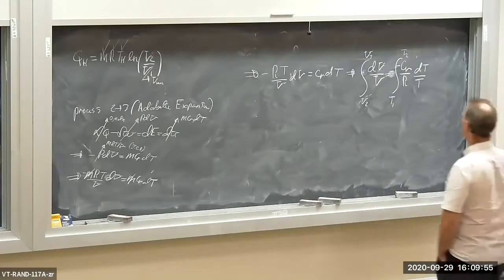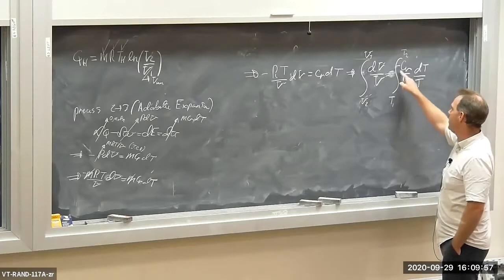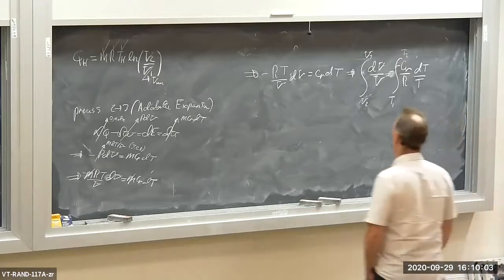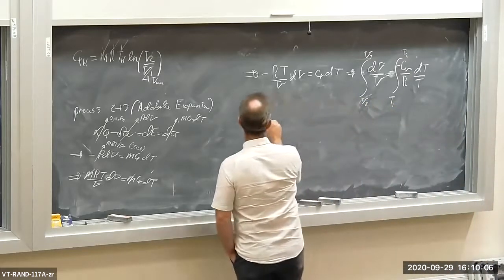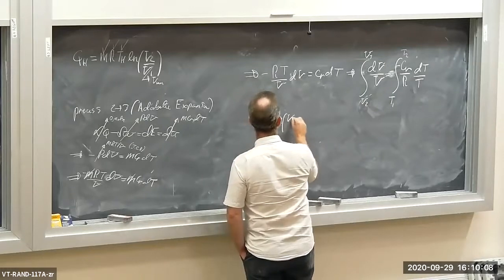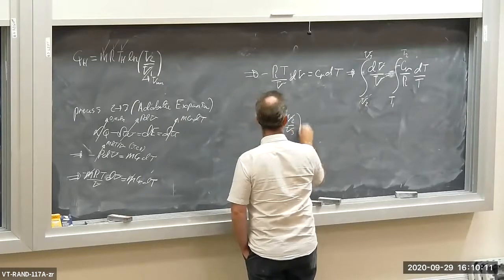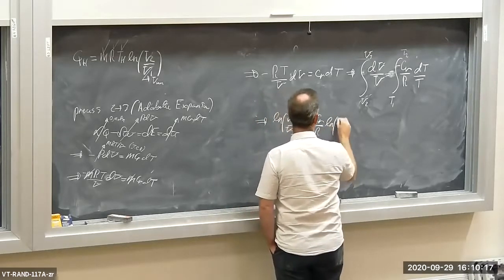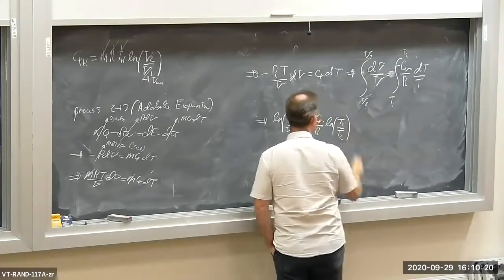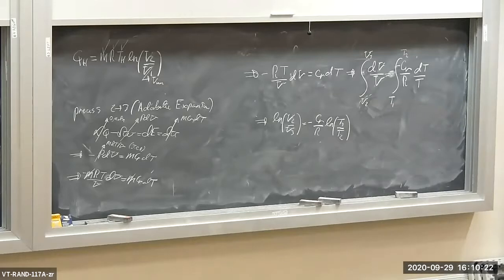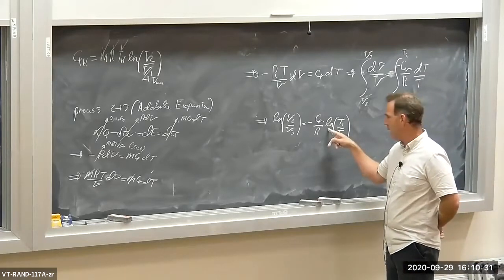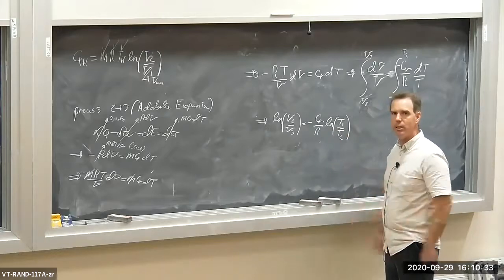Well, these are pretty easy integrals to evaluate. Notice that we're assuming constant specific heat, so the CV over R gets out of the integral, and I get natural logs. So I get natural log of V3 over V2 is equal to minus CV over R, natural log T3 over T2. Now let me take the CV over R term and swallow it up into the natural log, and then I'm going to raise everything to the e power.